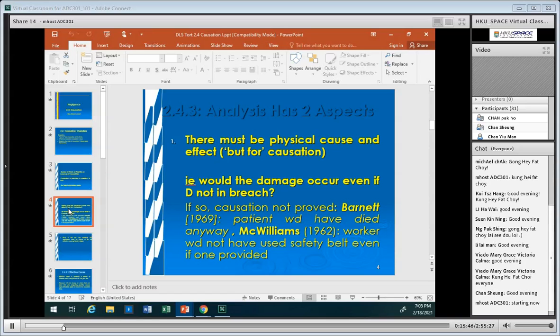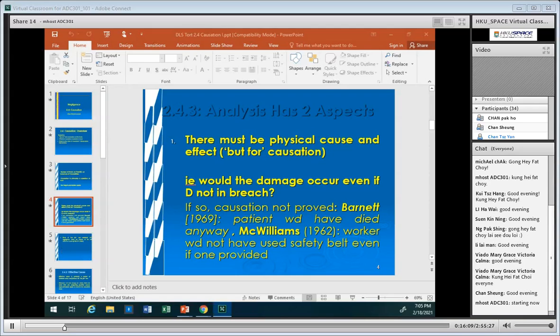But Barnett's a useful case to go through because remember the elements of negligence. A duty of care, was that owed by the doctor? Yes, it was. Was there a breach of the duty of care in Barnett? Yes, there was, because the doctor acted too slowly and didn't come up to the standard required.